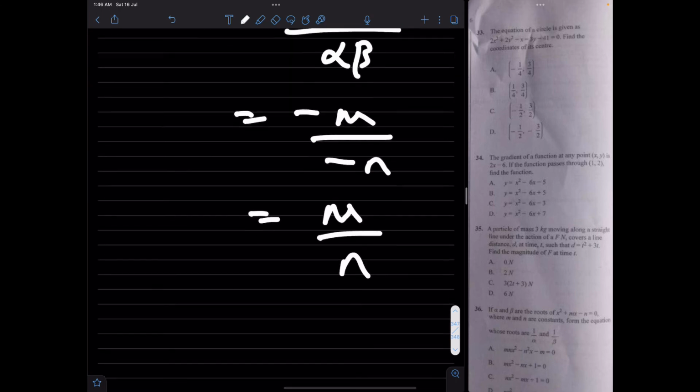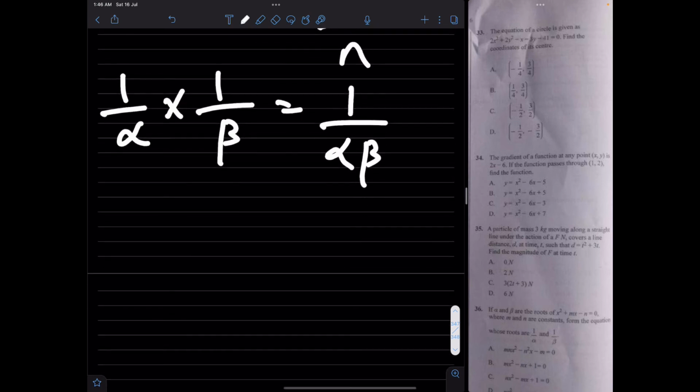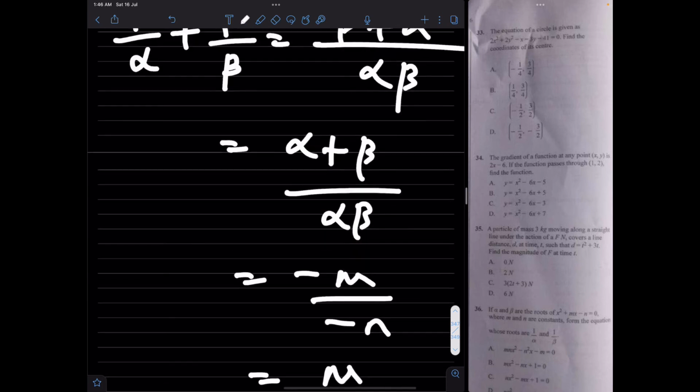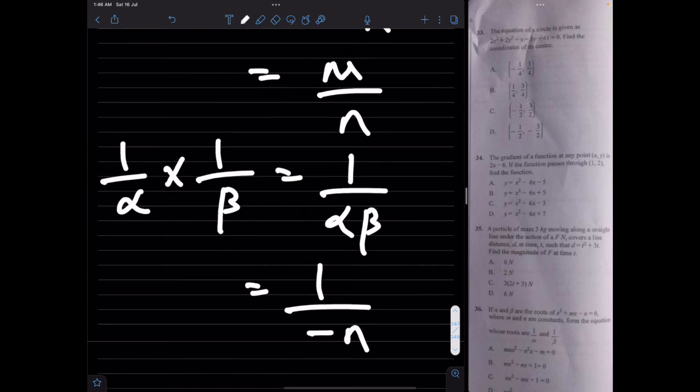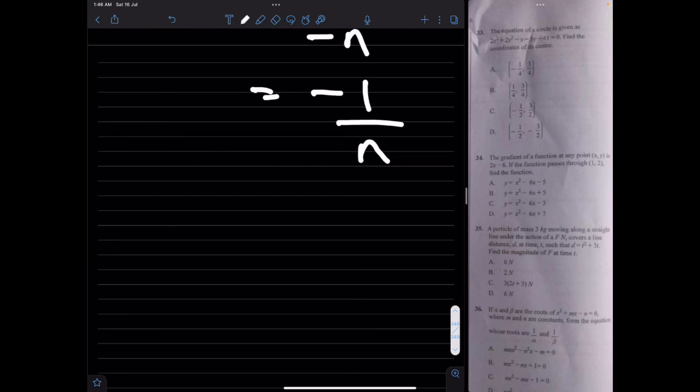Now the product of the new roots is 1 over alpha times 1 over beta, and that's 1 over alpha beta, which means 1 divided by minus n. I checked to be sure. Yeah, alpha beta is minus n, and this is the same as minus 1 all over n. Therefore, the new equation is given by x squared.